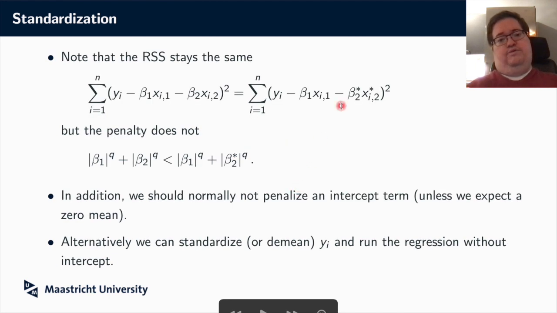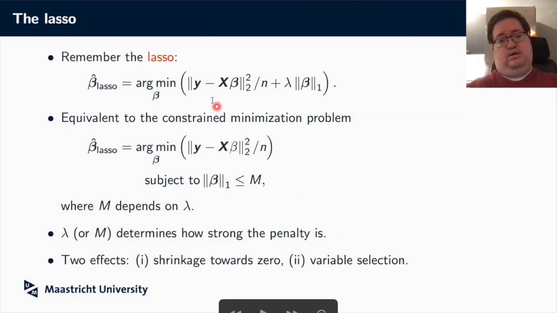Now we can see that again, if we look at the two components, the residual sum of squares remains the same as before, but the penalty does not remain the same. Right? In the new model, you actually get a different penalty. So your objective function, if I go back here, the objective value of the objective function will be different.